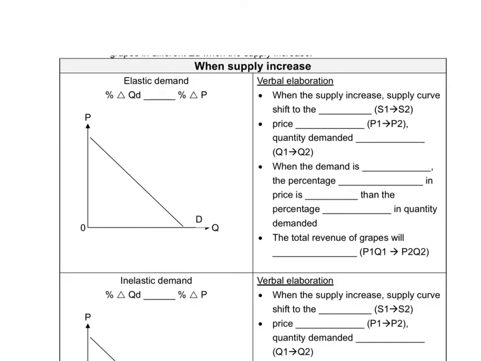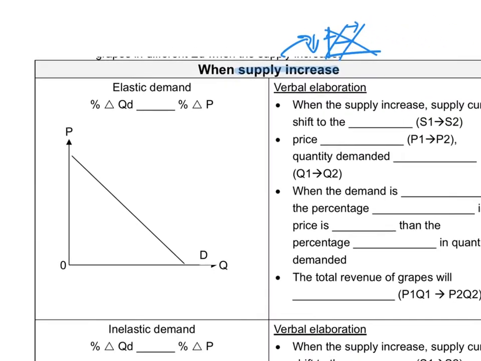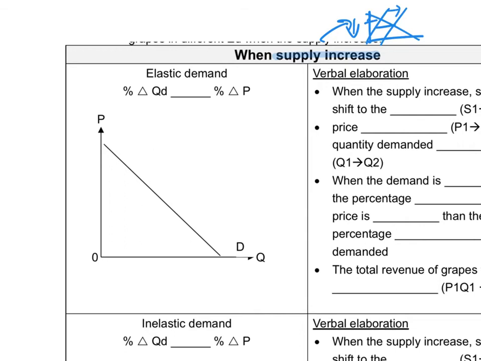Besides price change, when supply changes, it has an effect on total revenue. It's very similar because we already know that a supply increase leads to a price drop. So when we do this, it's very similar, just with one more step at the beginning. When the demand is elastic, the reaction is bigger than the price change. So on the elastic upper part, I pick any one point.